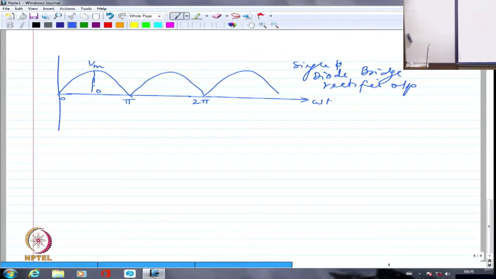The current will oscillate. If the current oscillates, I am definitely going to have the torque oscillating. I hope you understand. If the torque oscillates, the speed will also oscillate. The shaft will vibrate. So there will be a huge amount of ripple in the current, ripple in the torque, ripple in the speed.